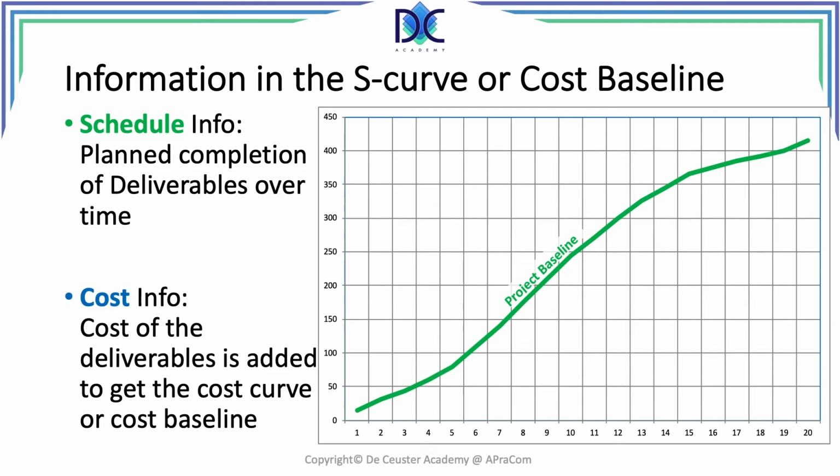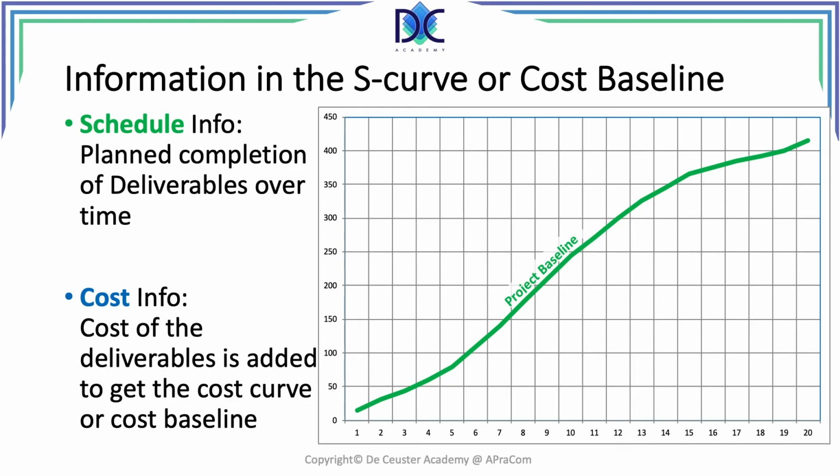When we completed the cost estimate of all the activities, we estimated how much it costs to create those deliverables. The cost information combines the creation of deliverables with the estimated cost to create those deliverables.